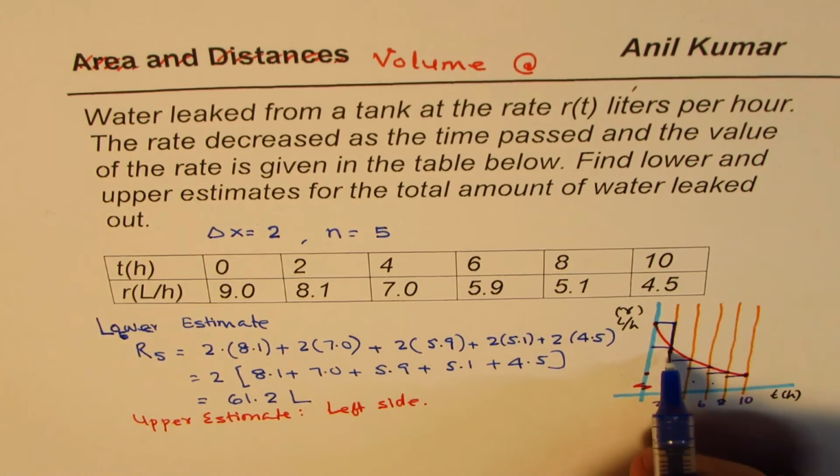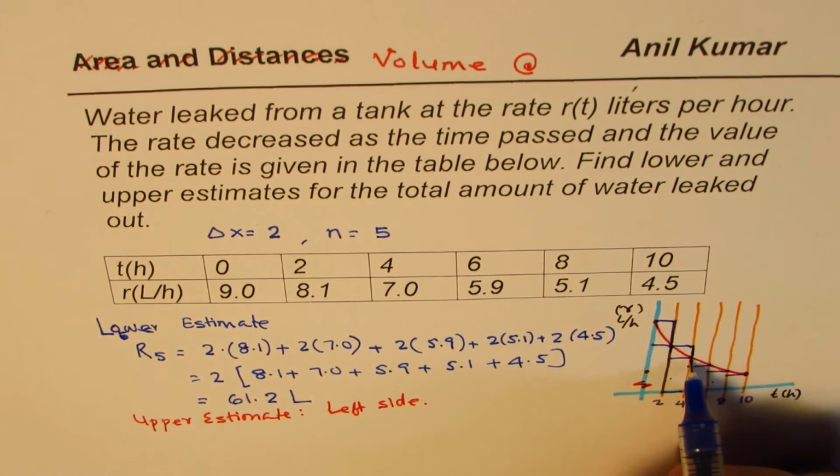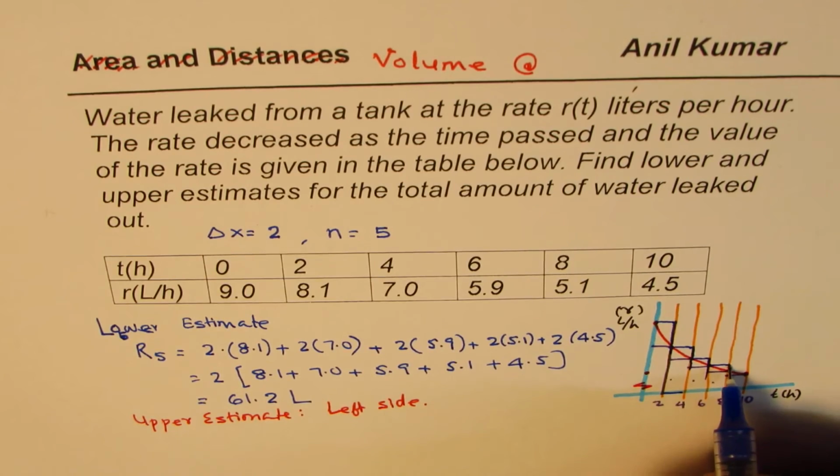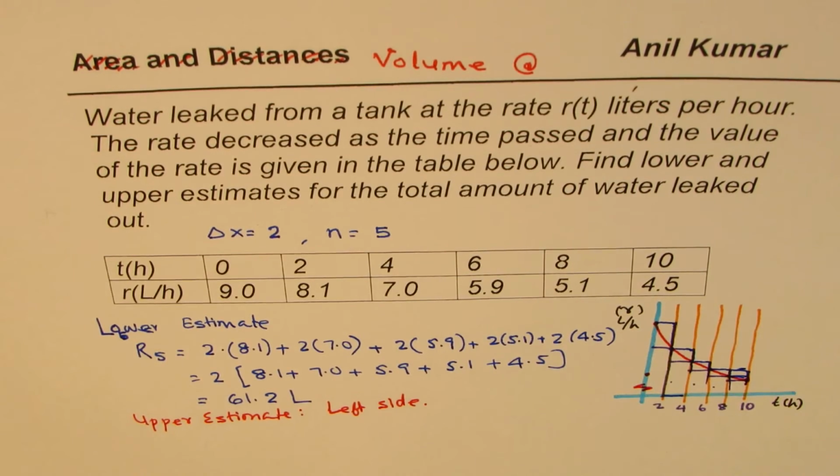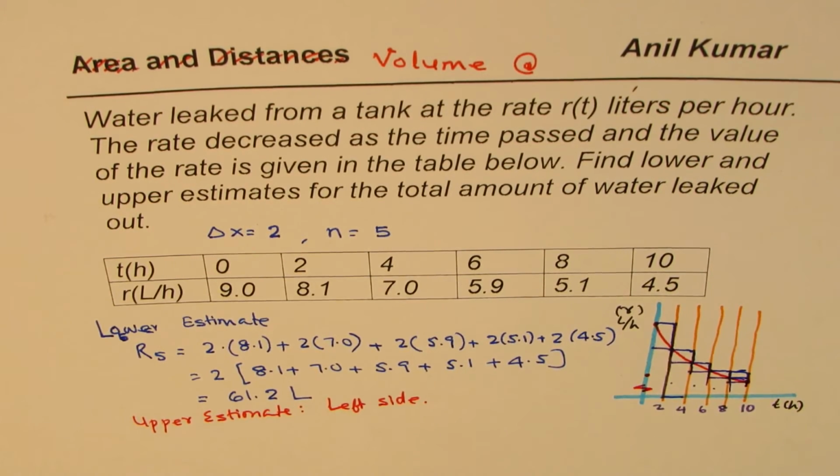Do you see that? So obviously the area under the curve has now increased. This is because the graph is decreasing. So that becomes the higher value, correct?